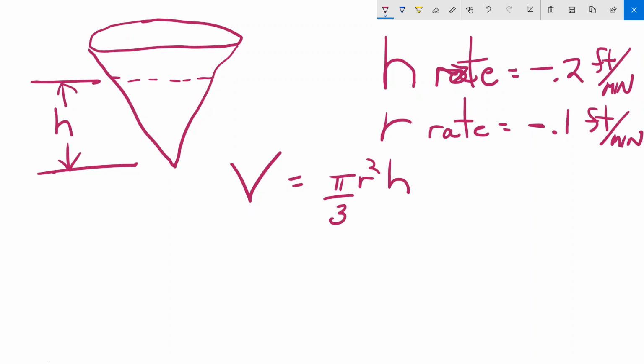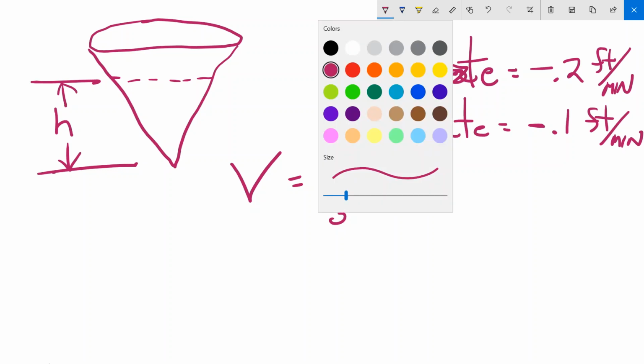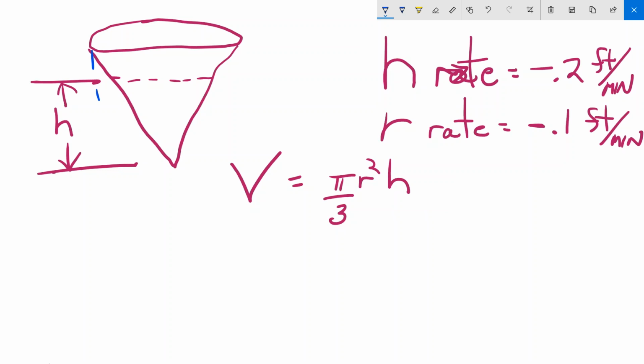Whenever you have one end of that prism go to a point, you lose 2/3 of the volume. So the final volume is 1/3 of what the volume of an equivalent cylinder would be. If you had a cylinder like that, it would just be pi r squared h. But the fact that it goes to a point means it's always 1/3 of that.